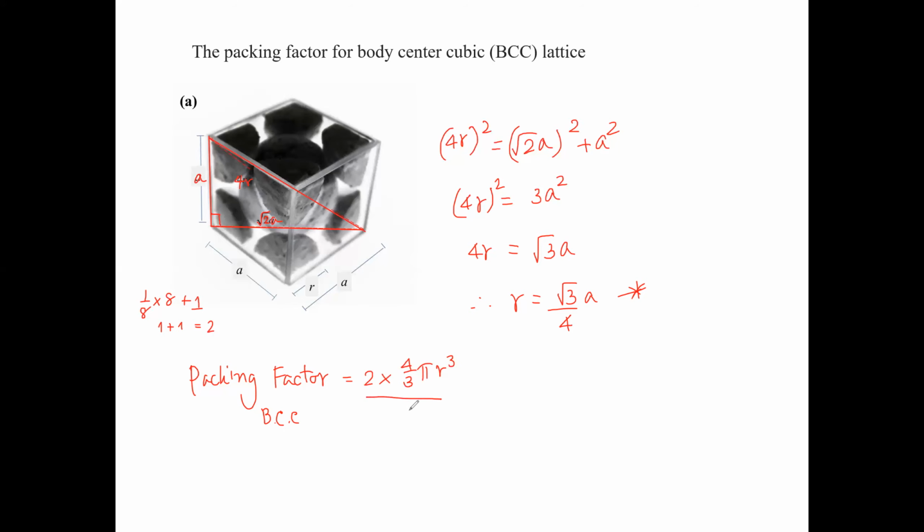Divided by the volume of the cube, A cube. Now you replace r with this right here. So the answer, you can solve out the details by yourself, is square root of 3 pi over 8. So this is 0.6802.